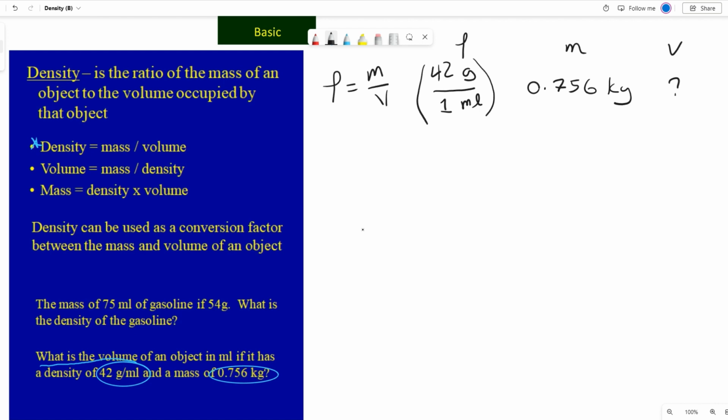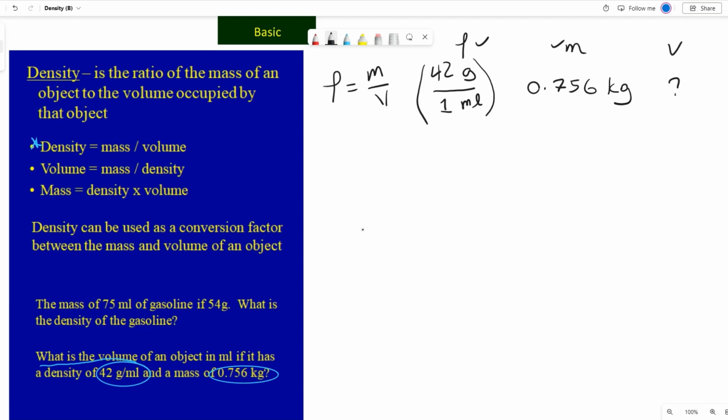And it doesn't say what unit it wants the volume in, so I guess we can put it in any unit that we want. So the first thing that we have to check is to make sure that all of the units on what we're given, and again, we're given the density and the mass, are in the same form. So we have our mass in kilograms, but we can see our density is in grams.